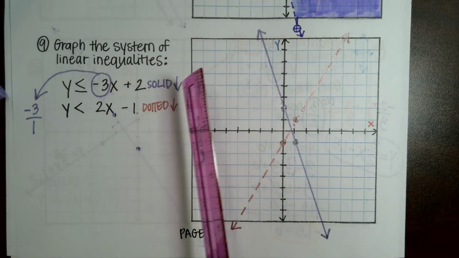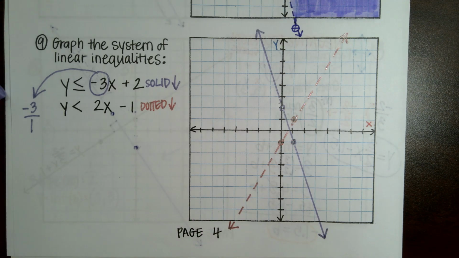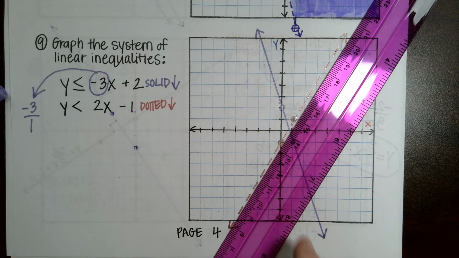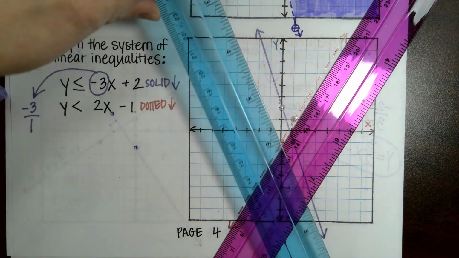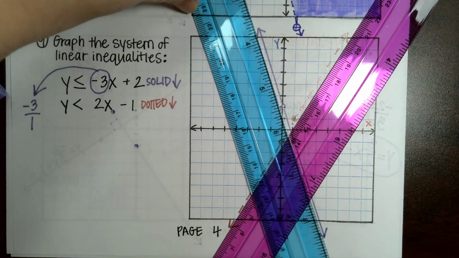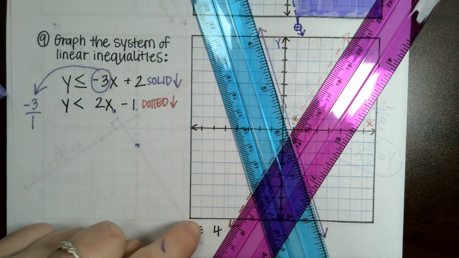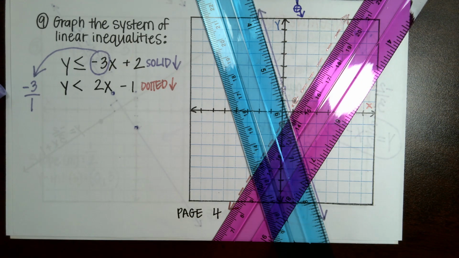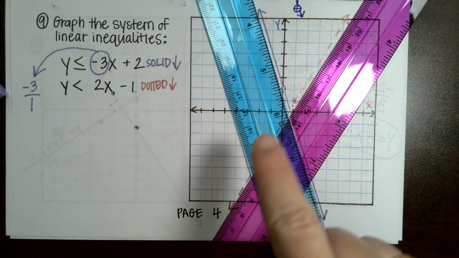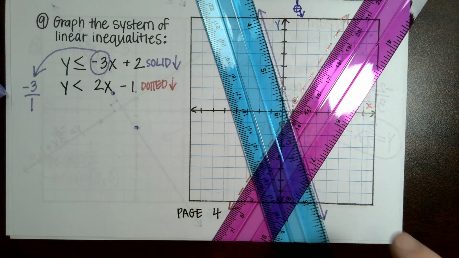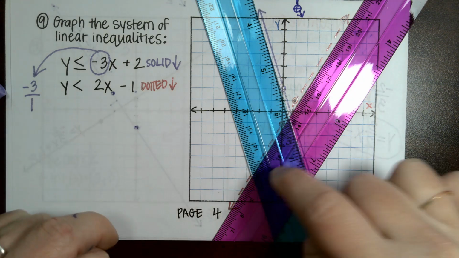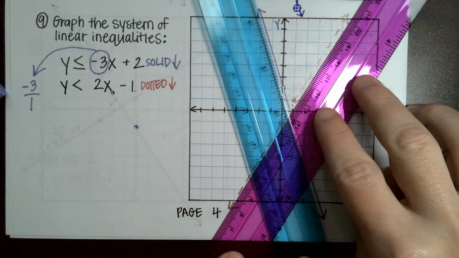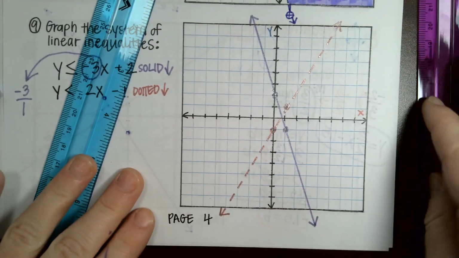First of all, I see that both of these are less than, so I'm going to put my ruler under this line and under this line. Wherever my rulers overlap, that's where you shade. So that's what the two rulers are for, just to be able to see the overlap. As you can see, we're going to be shading that bottom triangle right there. That's where they overlap. Only shade that part.